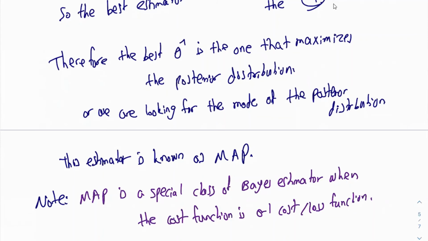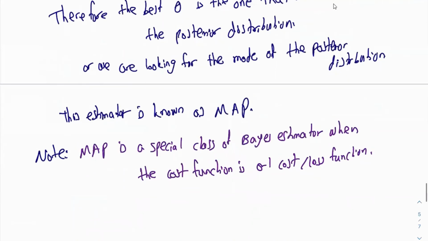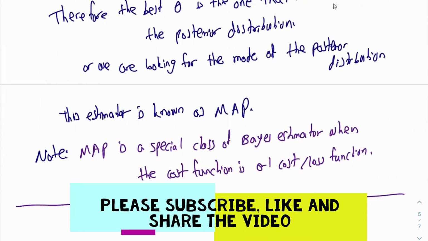Okay, good. So we proved that MAP, MMSE, and this absolute error criterion are all special classes of Bayes estimator. So that's it for this video.